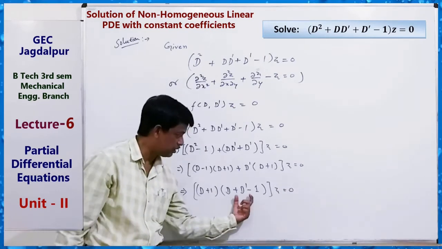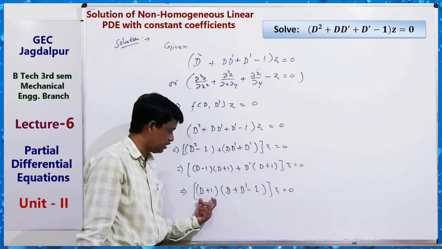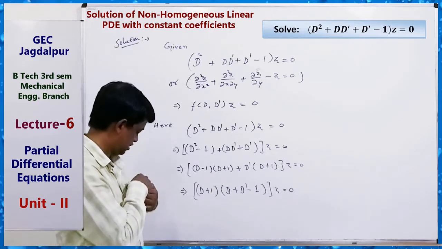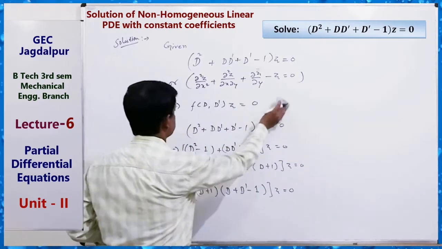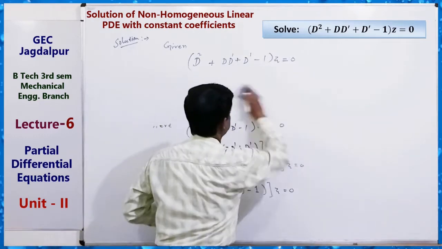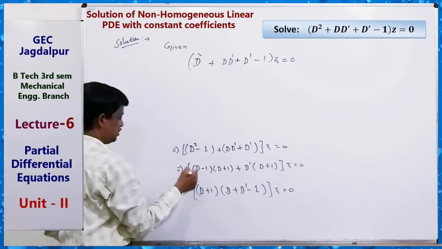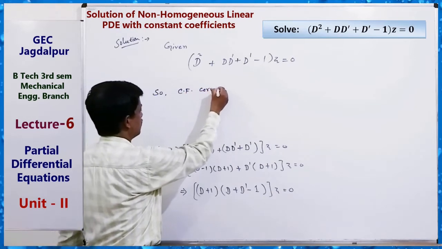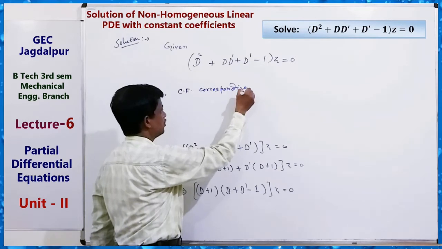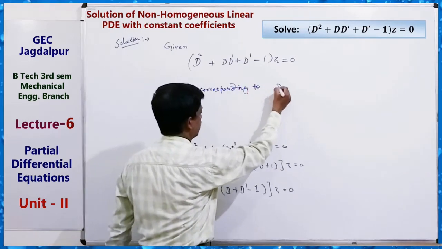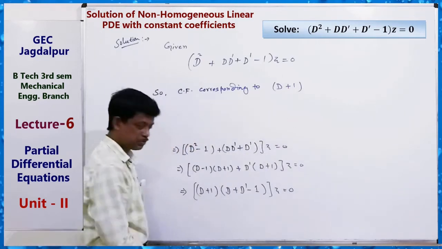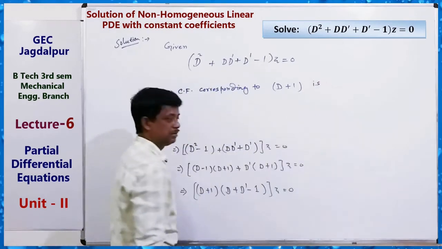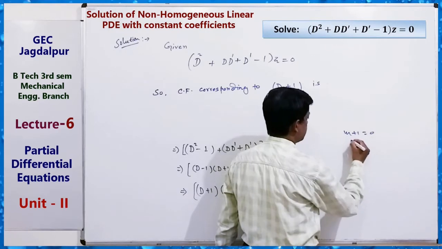Now corresponding to this factor, CF. So we have to write after this line, the CF corresponding to factor D + 1. D + 1 means m + 1 = 0, m = −1.